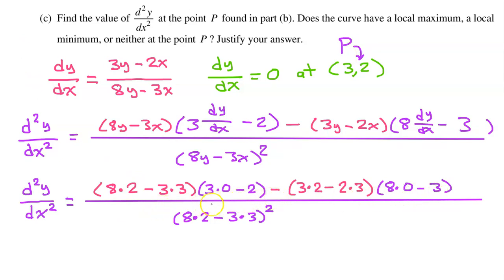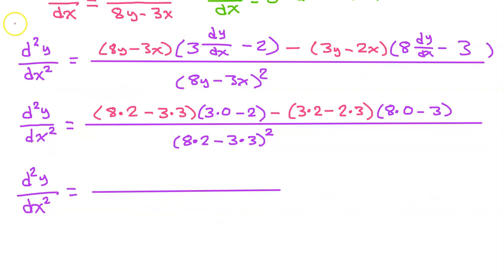Now we just need to simplify it down. So we have 16 minus 9, which is 7. And then we have 0 minus 2, which is negative 2. And then we have 6 minus 6, which is 0. And once that is multiplied by whatever's going on over here, the net result of this is 0.